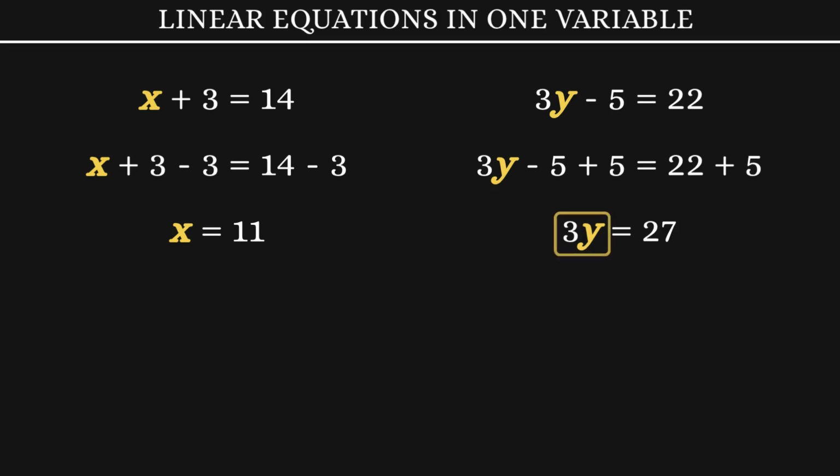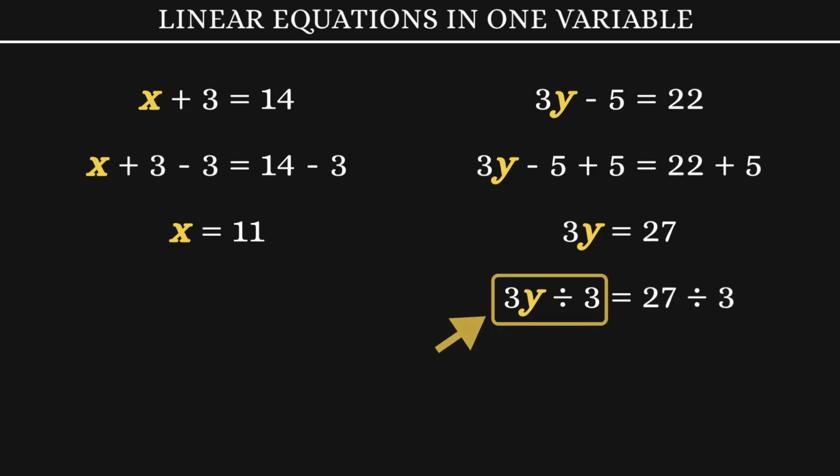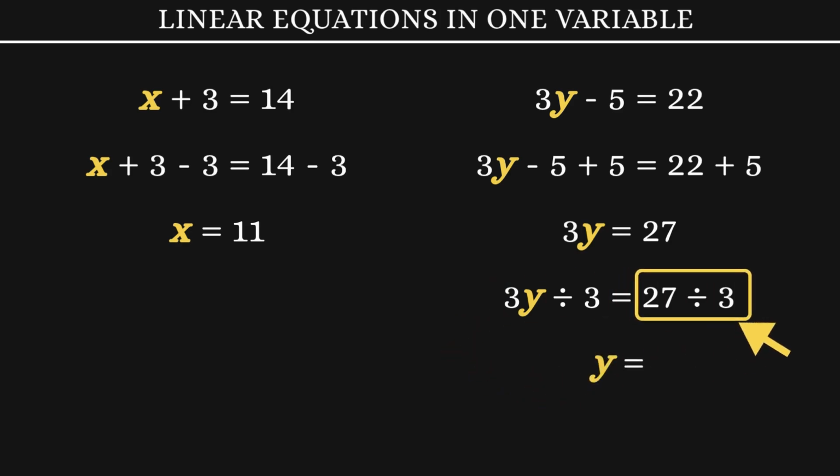Here 3y means 3 into y. So to get only y, we have to divide this term by 3. And that means we'll divide on both the sides of the equation. 3y divided by 3 is equal to 27 divided by 3. This side we have y is equal to 9.